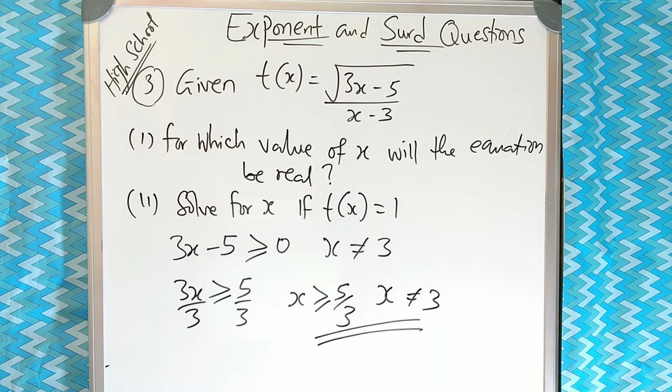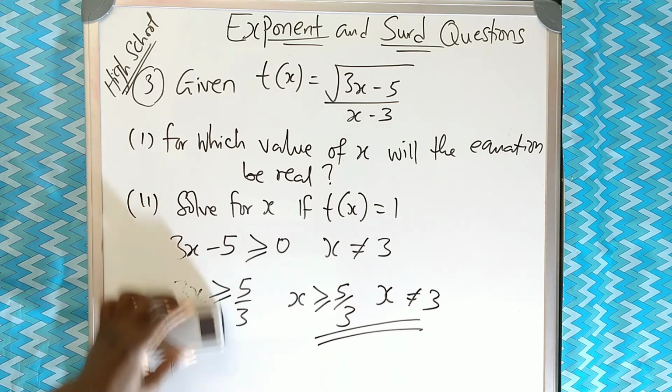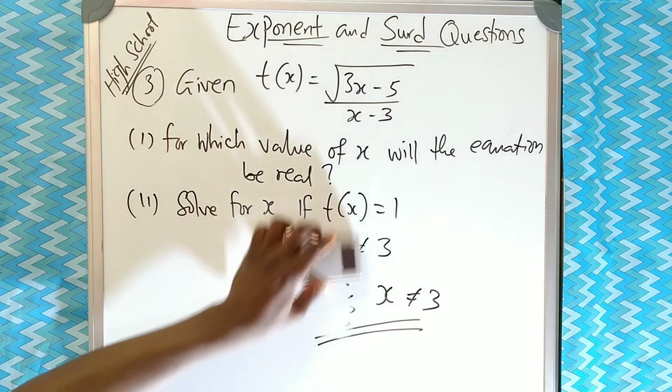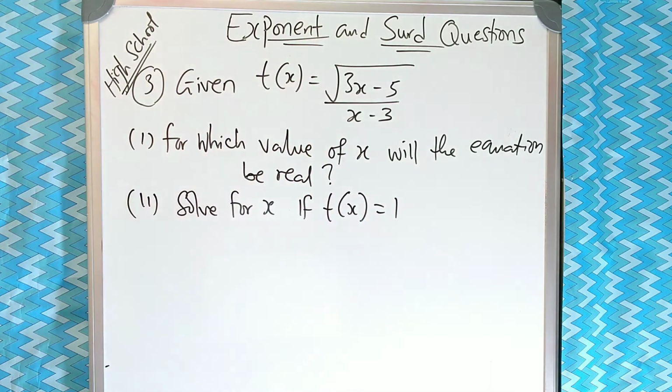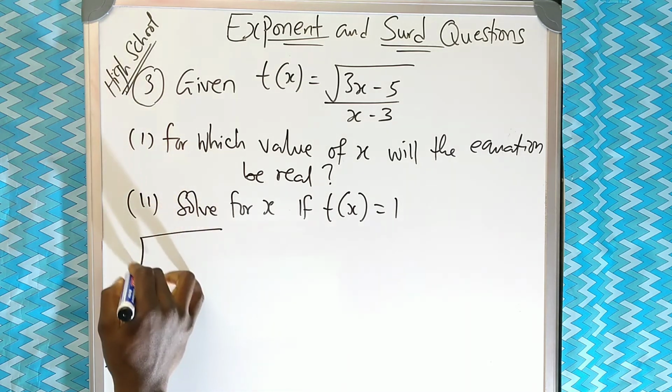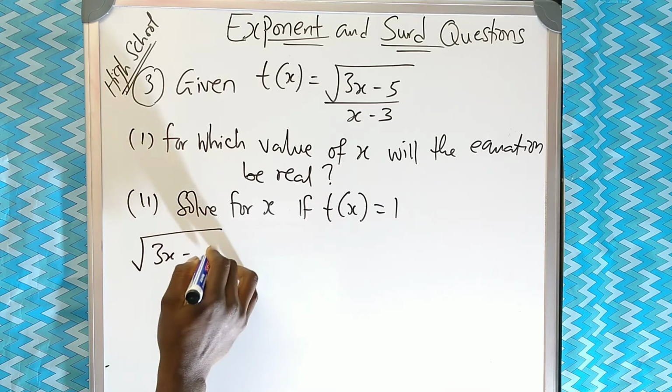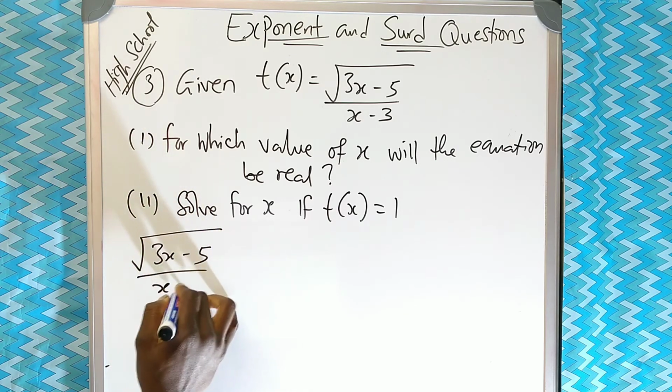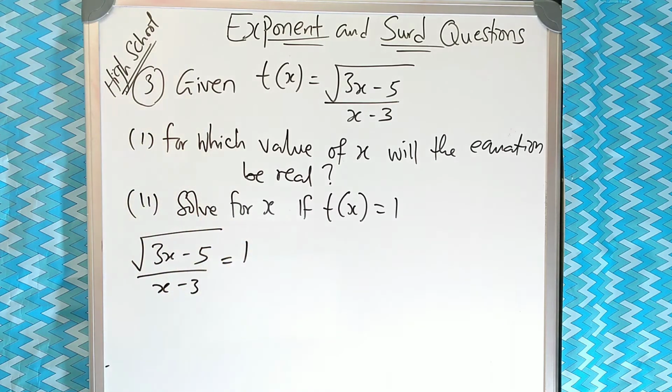All right. For the second question, we're going to rub this one off. Please, you can copy that. For the second question, they said solve for x for that function if it is equal to 1. Very simple. Just bring the function, the square root of 3x minus 5 over x minus 3, equal to 1.